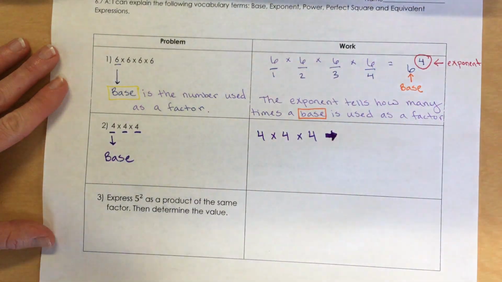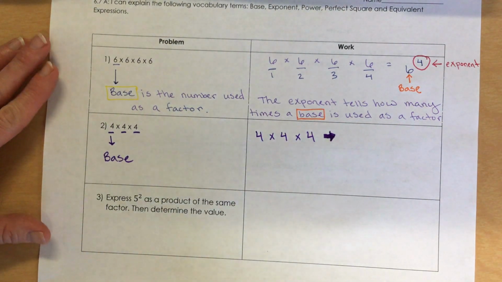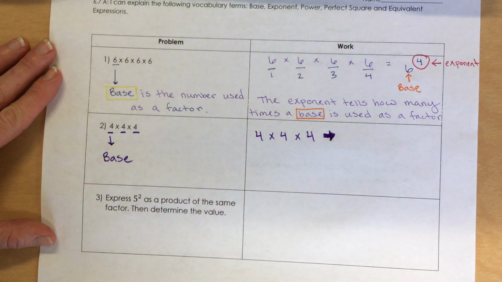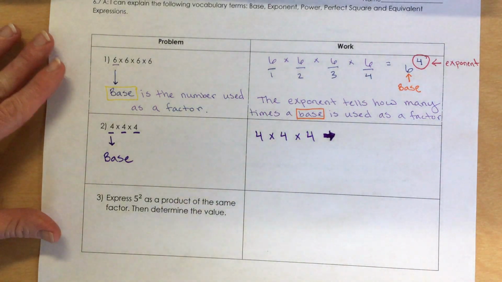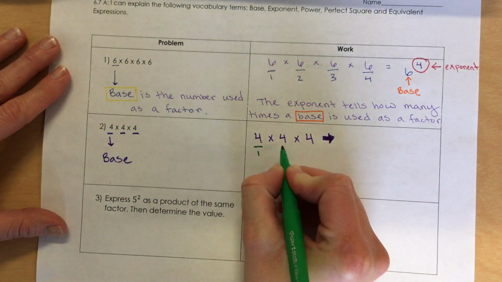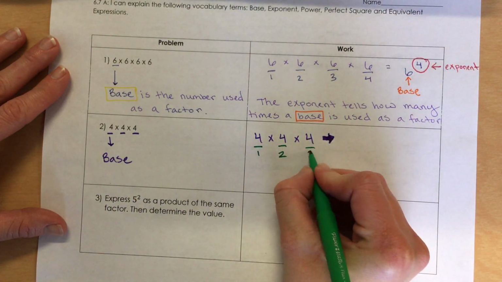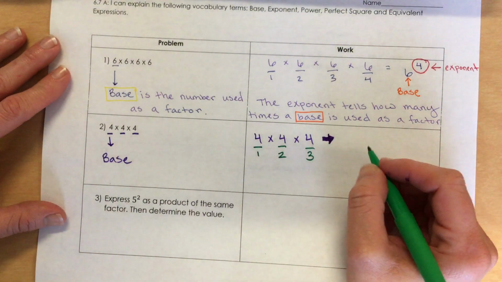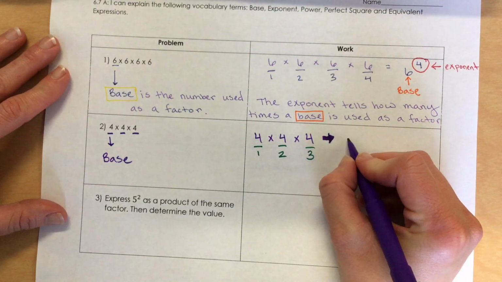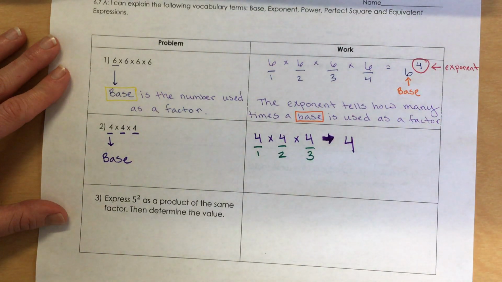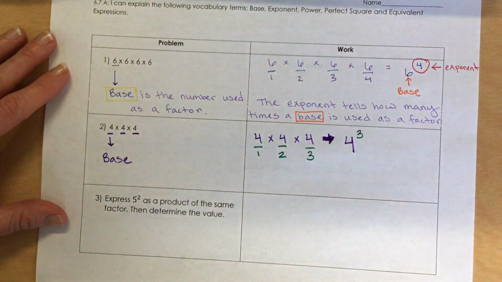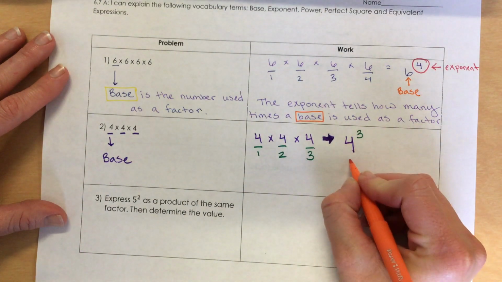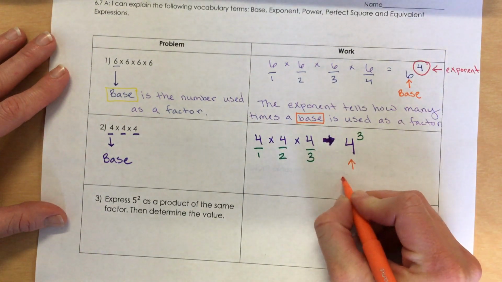We're actually just simplifying. We're not actually solving it yet. Well, how many times did we use 4 as a factor? 1, 2, 3. So we can rewrite this with our exponent, showing 4 as our base and 3 as our exponent, because we used 4 as a factor 3 times.